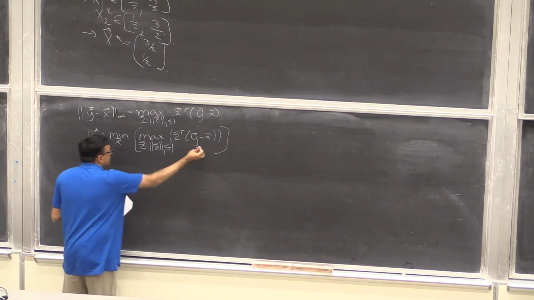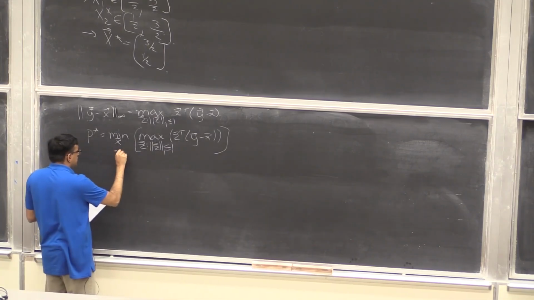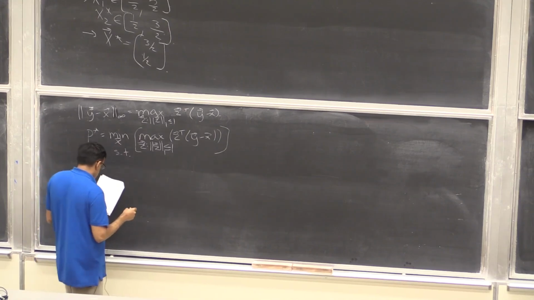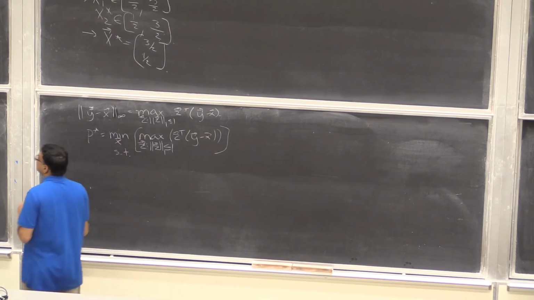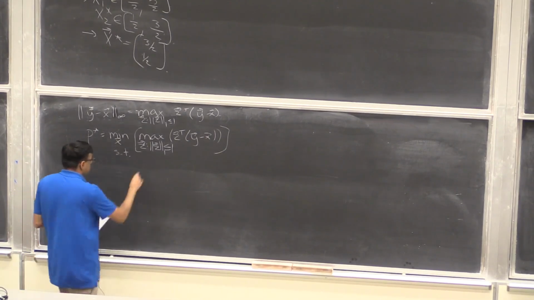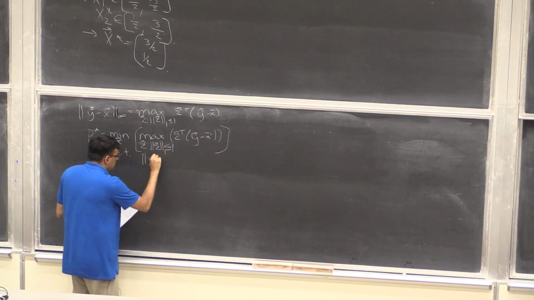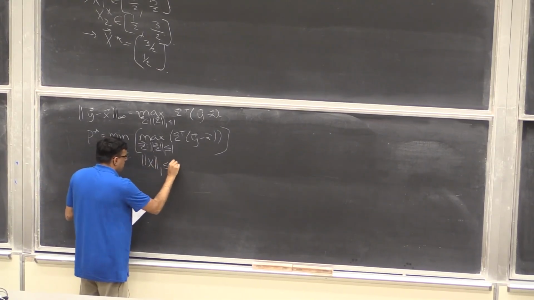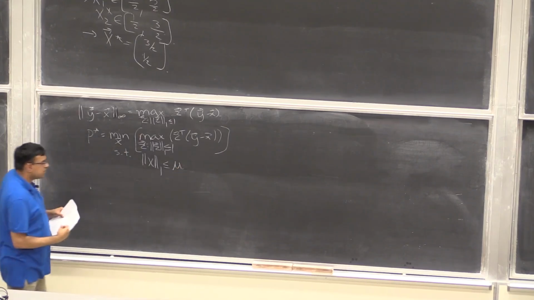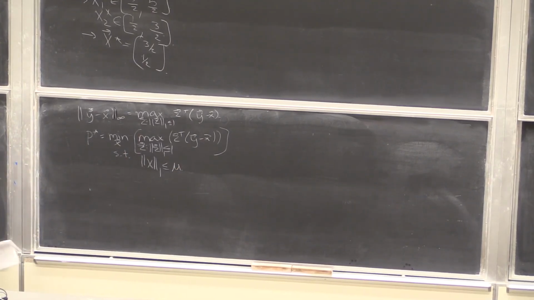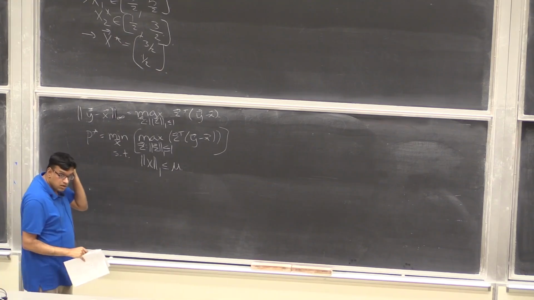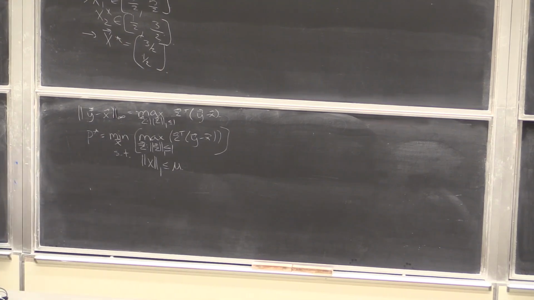This is just, again, a function of x. And then you also have some constraints in x, which is just that the L1 norm of x is less than or equal to mu. Good.